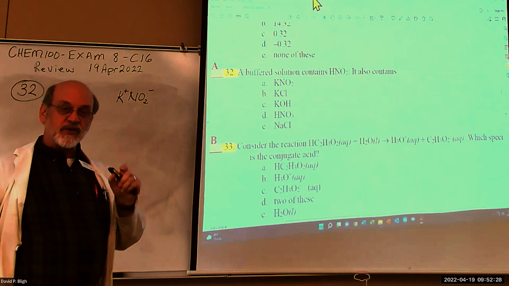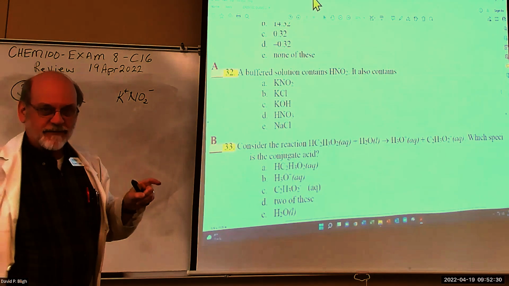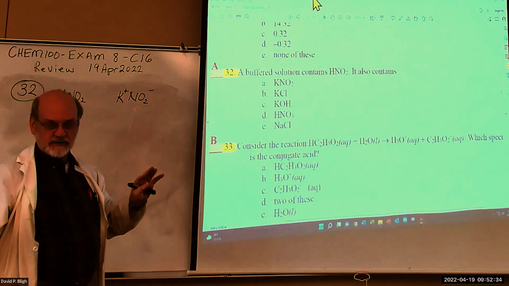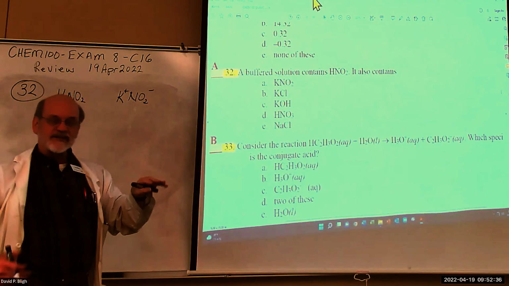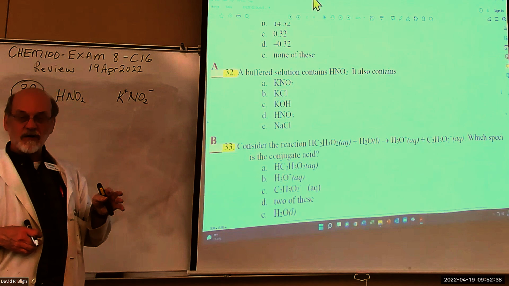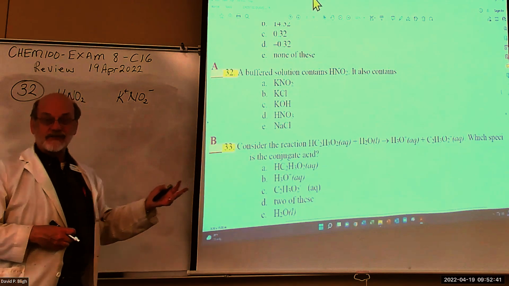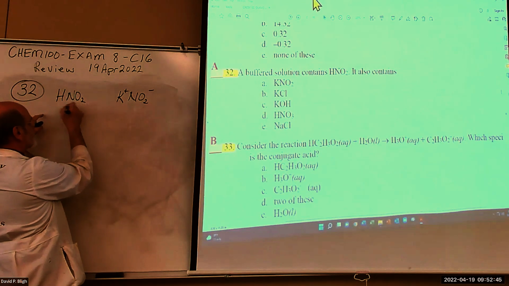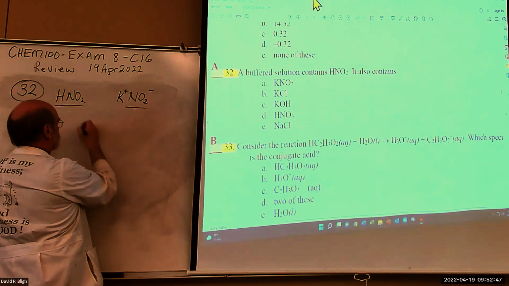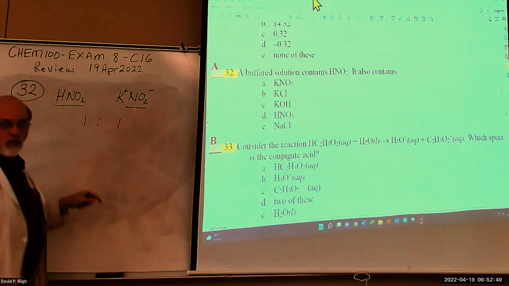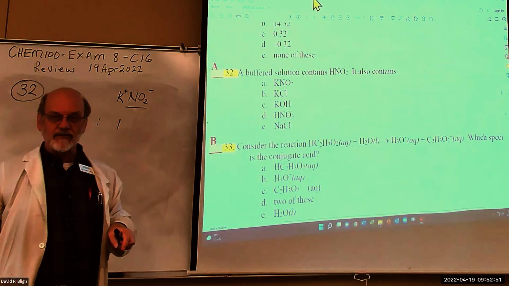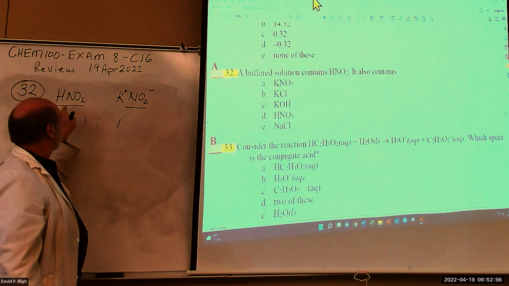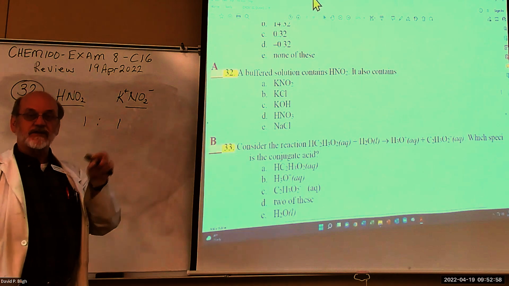And the key here is pre-existing. It's not a buffer until you have both this one and that one in the proper proportions. We didn't discuss what those proportions are, but if anybody ever asks you the ideal proportions, it is 1 to 1, equal concentration of acid to conjugate base.